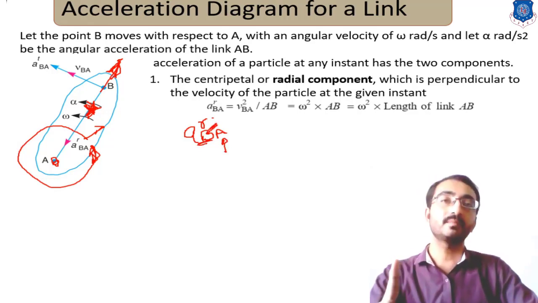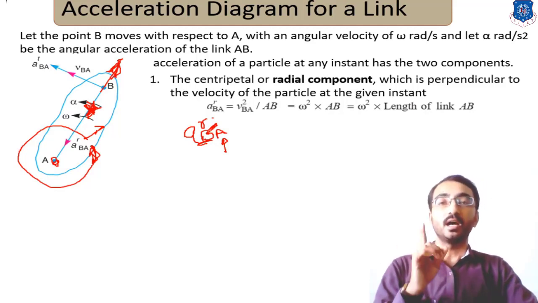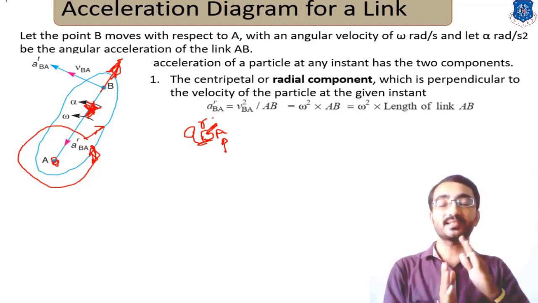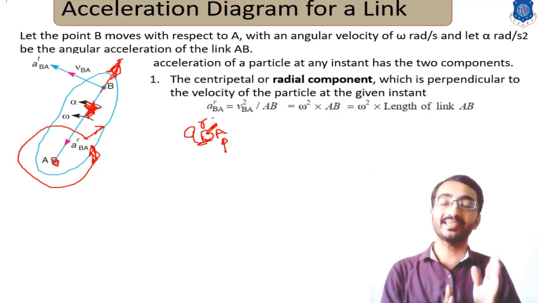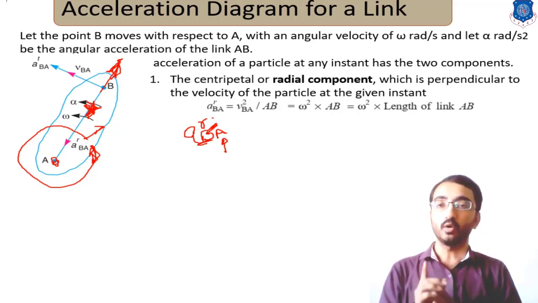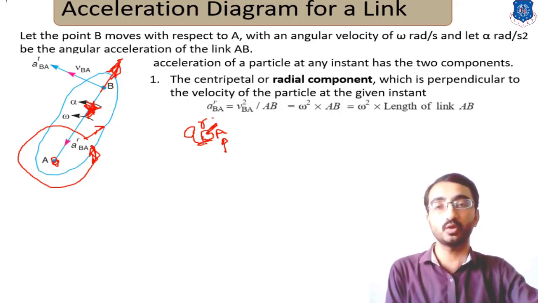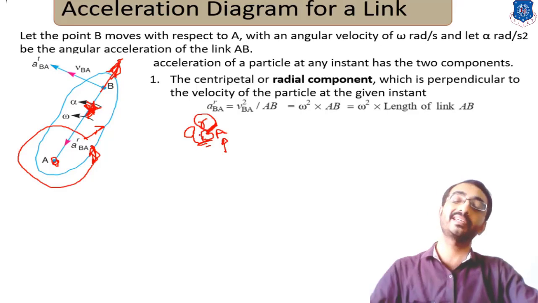You have to remember this notation because it will be helpful while solving numericals, because in the sketch you will draw different components, and this notation will help you identify them. So A stands for acceleration and r stands for radial component: the acceleration of B with respect to A in the radial direction.